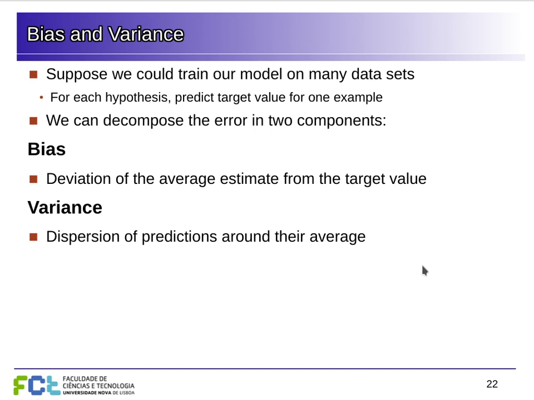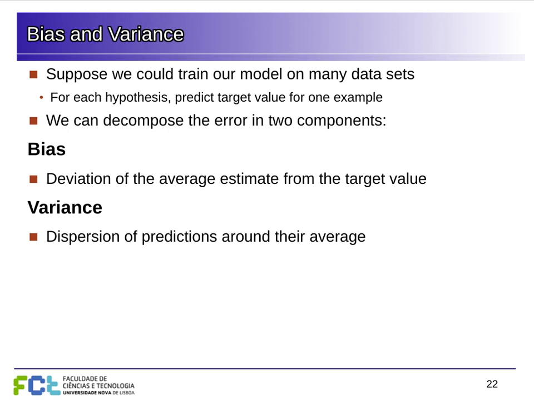So this would be the bias of our model: how our model is deviating from the expected target predictions, for example. Variance is the dispersion of the predictions around their average. So how widely our predictions vary in our models.